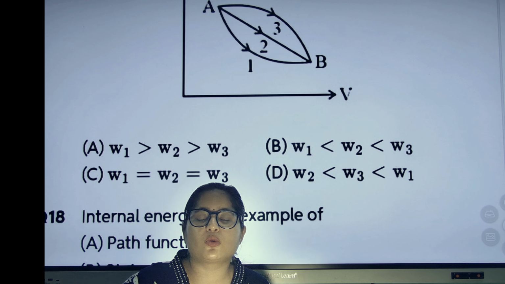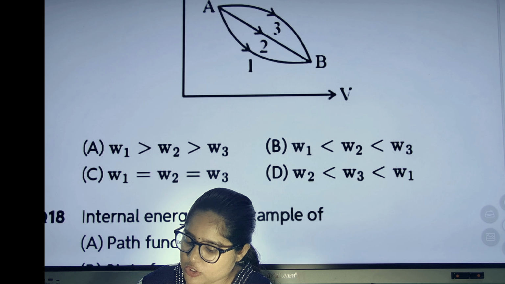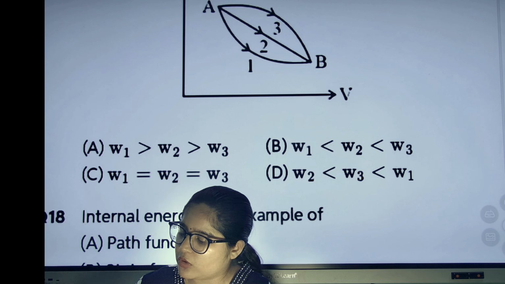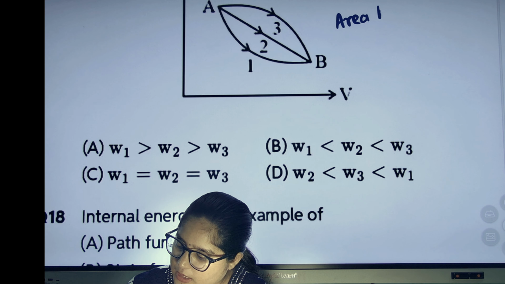Path function. So work done will depend on the path, right? So which option will be correct here? More the area, more will be the work done. Write down the concept here: more the area, more will be the work done.